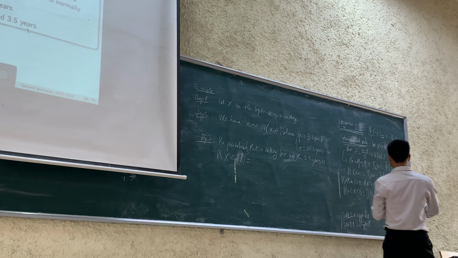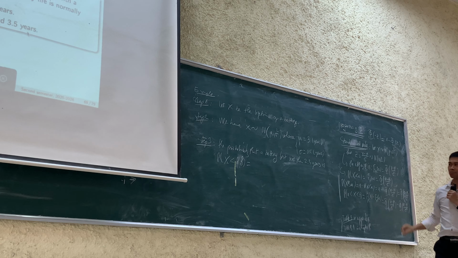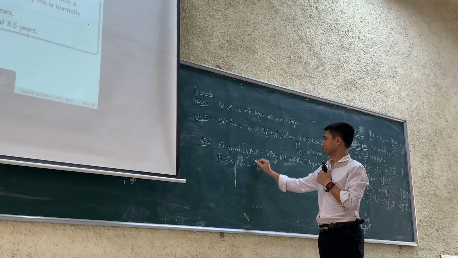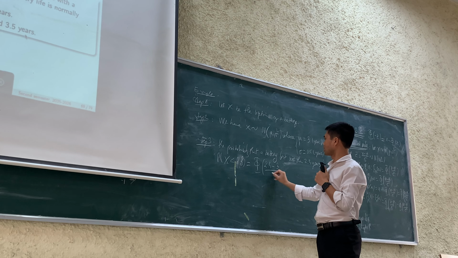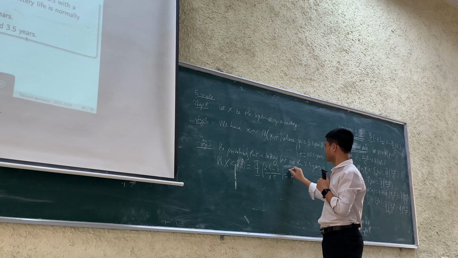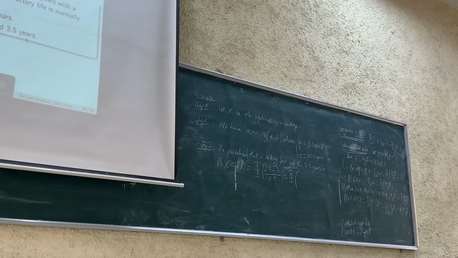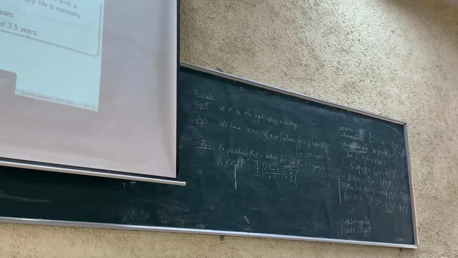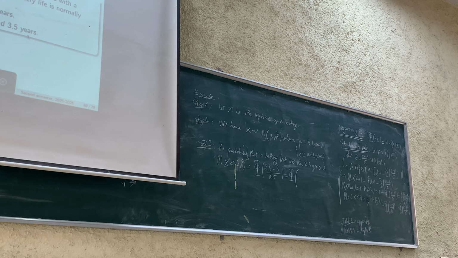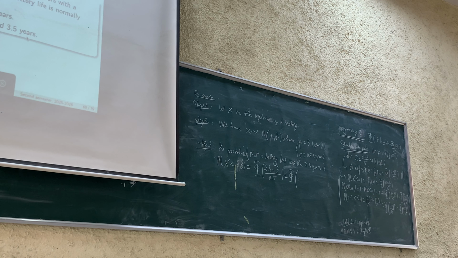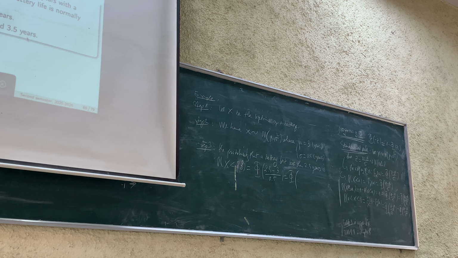So by this formula, P(X smaller than a) is Phi of (a minus mu) over sigma. So we fill in: a is 2.3, mu is 3, sigma is 0.5. Is it difficult? No. Why? Because you only need a equals 2.3, mu equals 3, sigma equals 0.5.